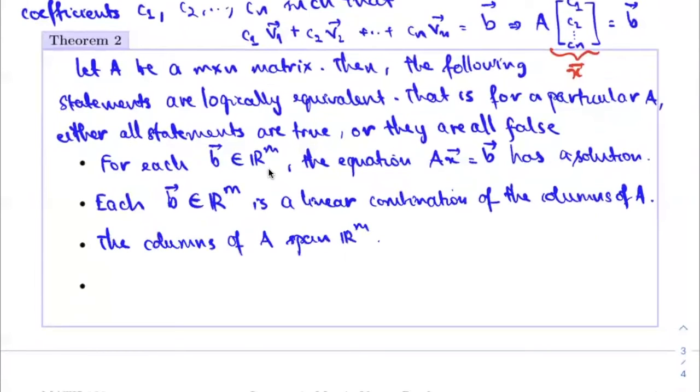Go back to the definition of the span of a set of vectors. This set consists of all the column vectors of A, and the span is the set of all linear combinations. The constant vector b is in R^m, so the set of all the columns of A spans the entire R^m.